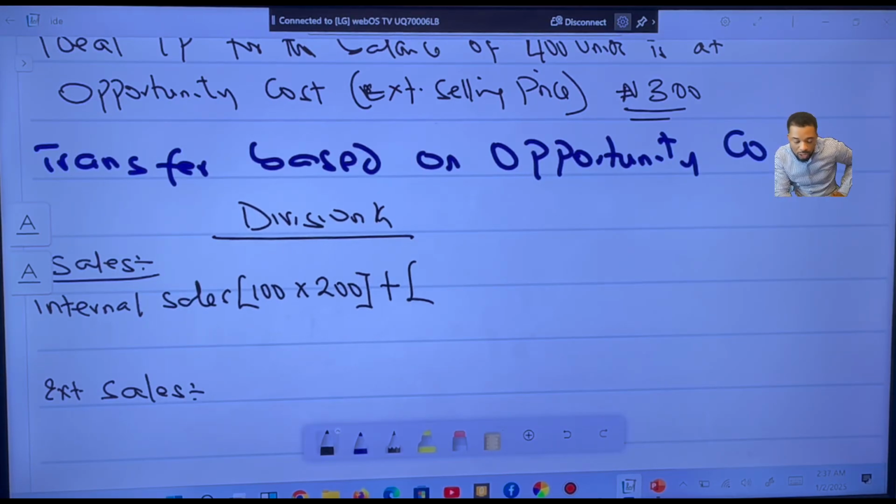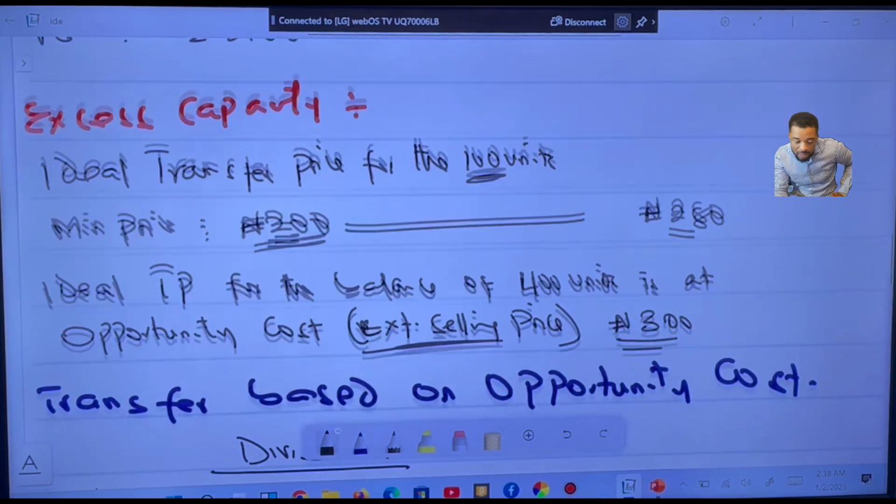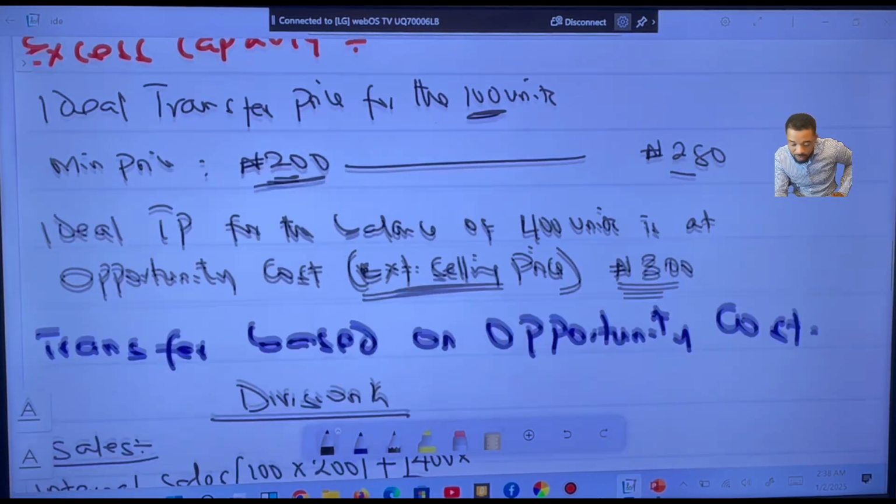Now, they want a total of 500. I've sold 100 units at variable cost. The balance to make it 500 is 400. And that 400 should be sold at external price, which is more like the opportunity cost, multiplied by how much is the external price? 300.